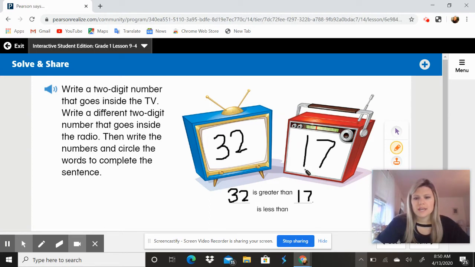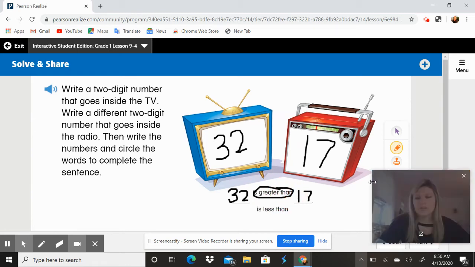This has 1 ten. Then we look at the ones. This has 2 ones. This has 7 ones. So is 32 greater than 17 or is 32 less than 17? 32 is greater than. Good job.